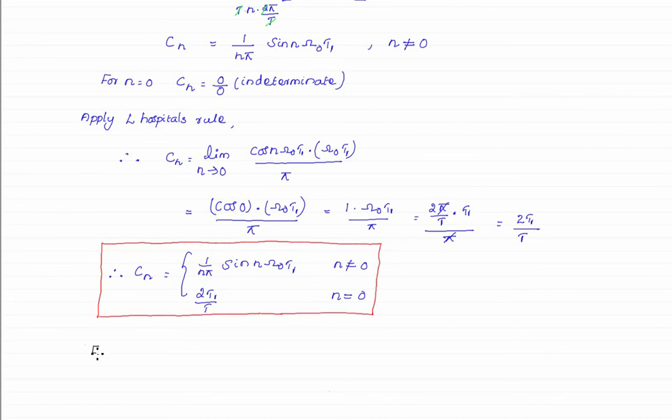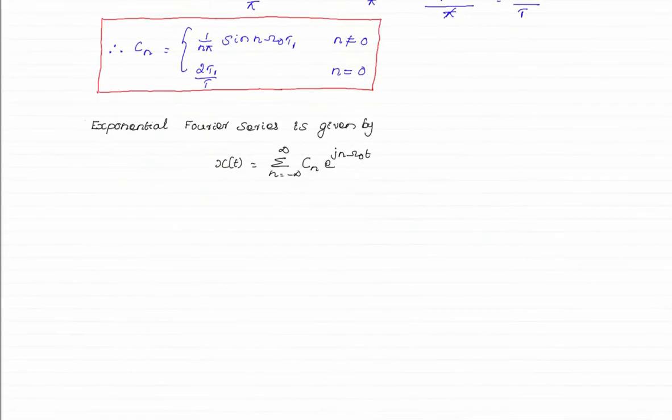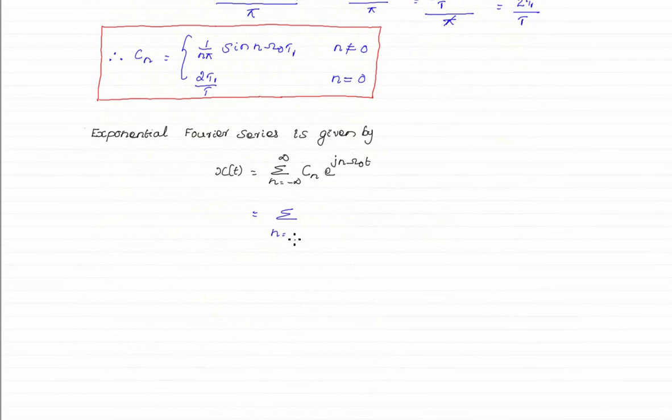Now we can find the exponential Fourier series from the Fourier coefficients. It is given by x of t is equal to summation n equal to minus infinity to infinity Cn e power jn omega naught t. First we write x of t for the range of n from minus infinity to infinity except n equal to 0, that is 1 by n pi sin n omega naught t1 into e power jn omega naught t.